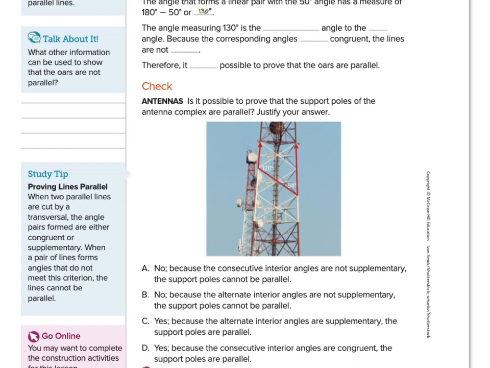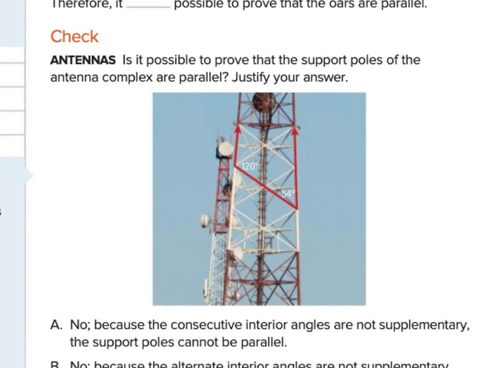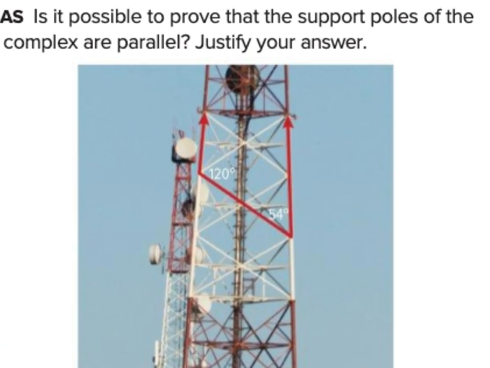And then really here, probably going to do the same thing with this word problem. Is it possible to prove the support poles of the antenna complex are parallel? All right, let's see. Again, if I have these two lines parallel, you've got to think about these two angles as consecutive interior angles, or same side interior angles, and they should be equal to 180 degrees, but in this case, these only equal 174 degrees.